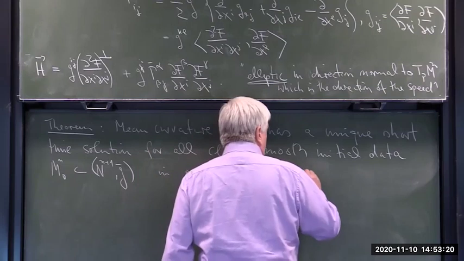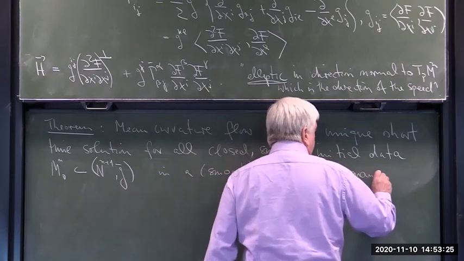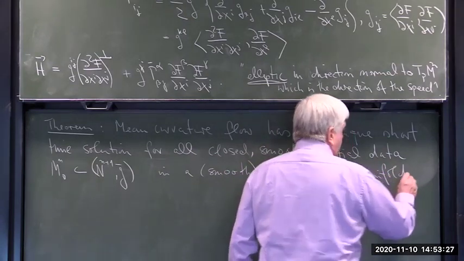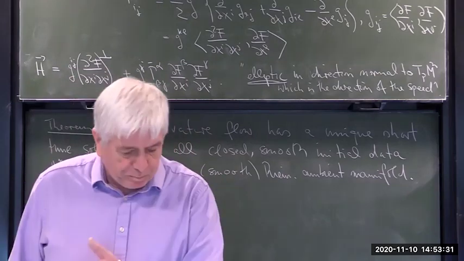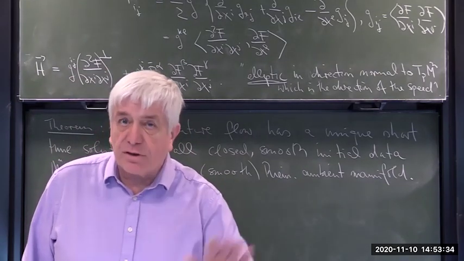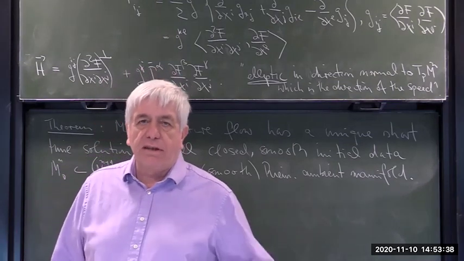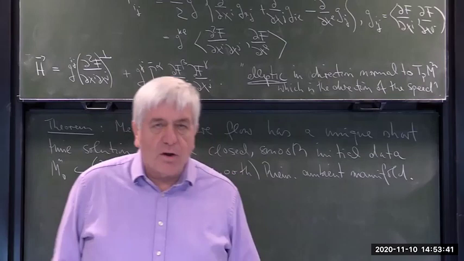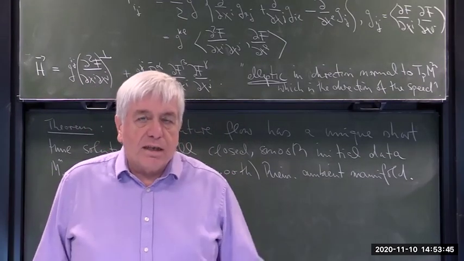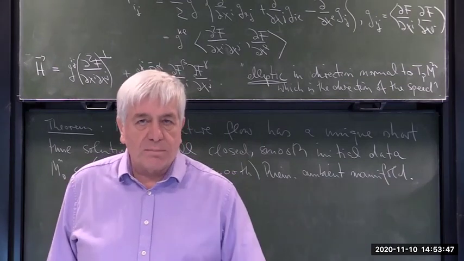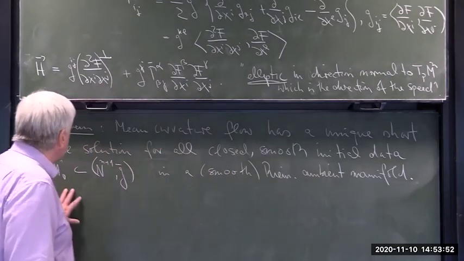So mean curvature flow is special in the sense that we don't need any further conditions, just smooth closed initial data, so we don't have to worry about boundary data or we don't have to worry about fall-off conditions near infinity. That would be a separate subject. And we always get a smooth solution for short time, and then we can start studying how this solution behaves.